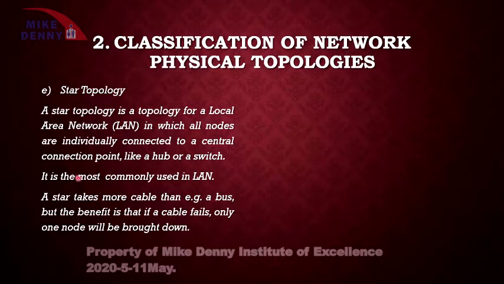It is the most commonly used in local area networks. A star takes more cable than a bus topology, but the benefit is that if a cable fails, only one node will be brought down.